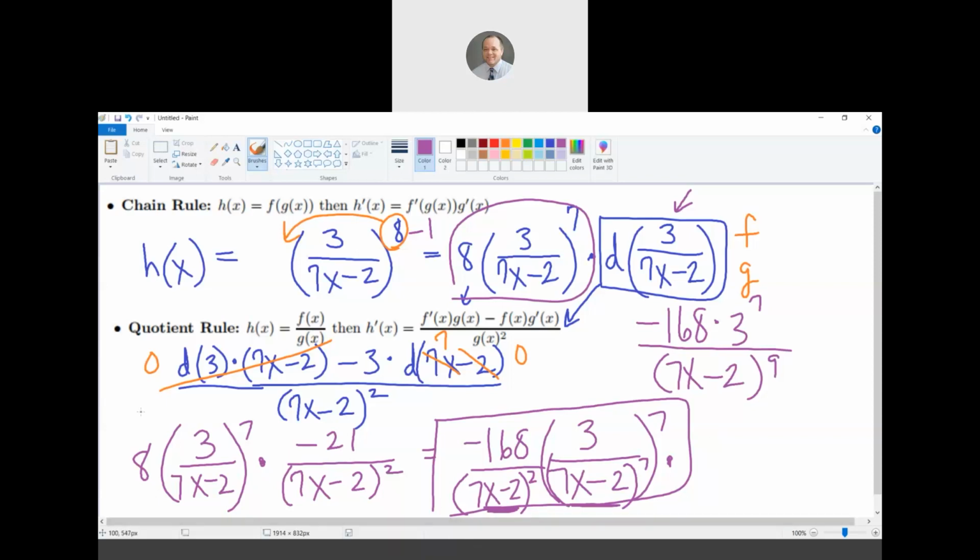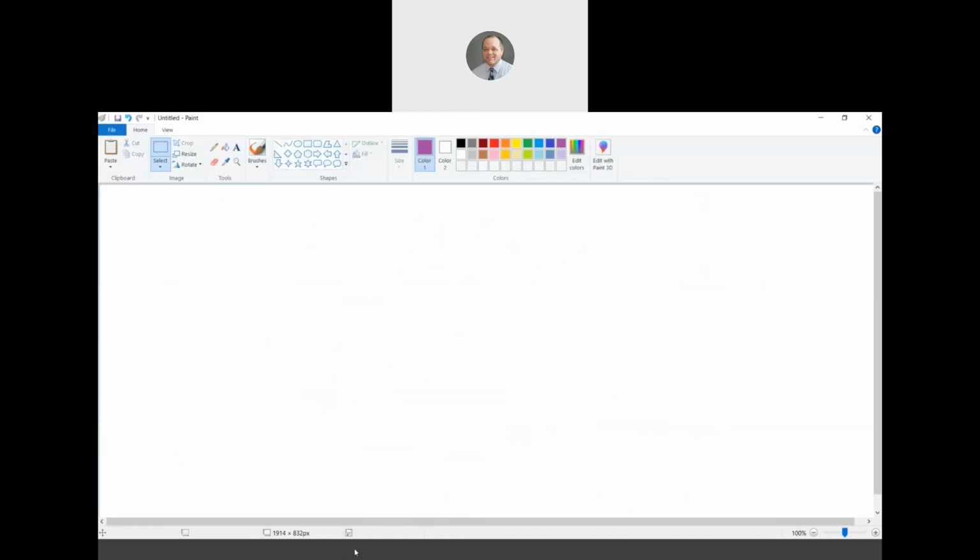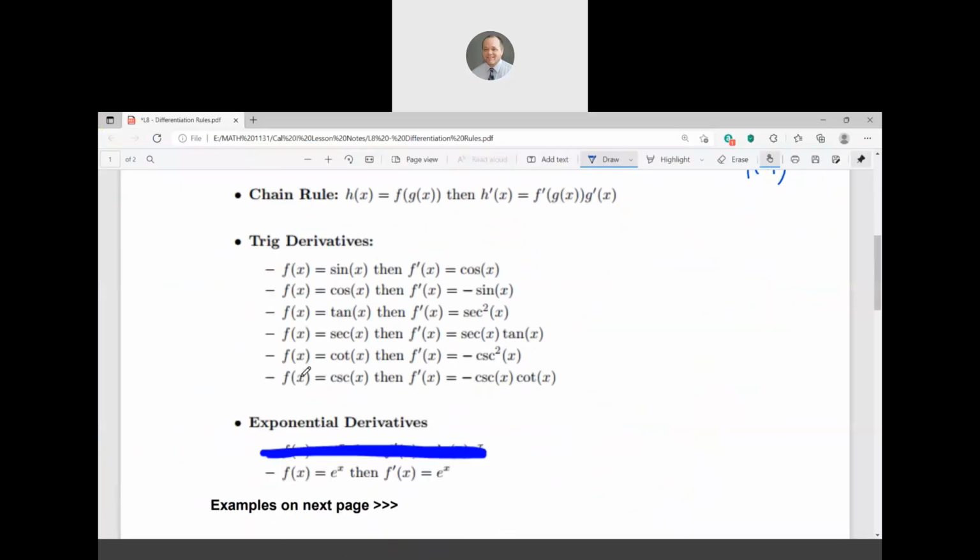Next, I want to go over the derivative rules for trig functions and for other special functions. And I can just go over them with you here on the screen. The derivative of sine x is cosine x. The derivative of cosine x is negative sine x.